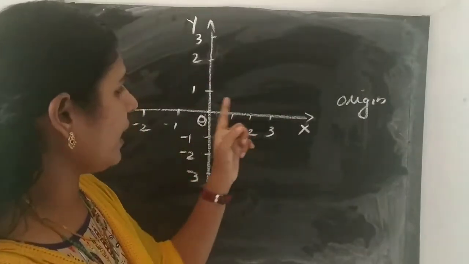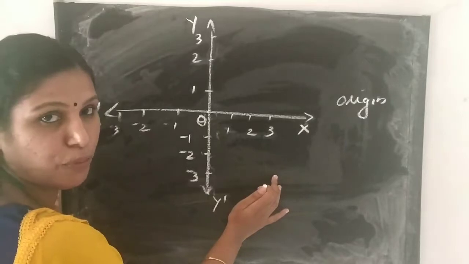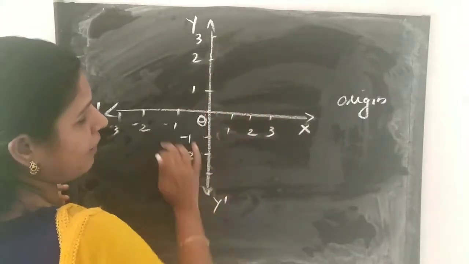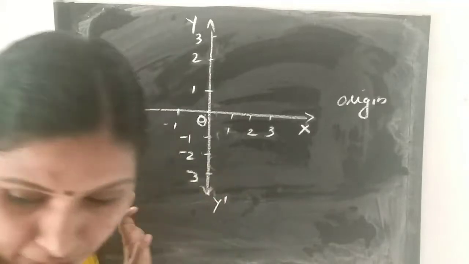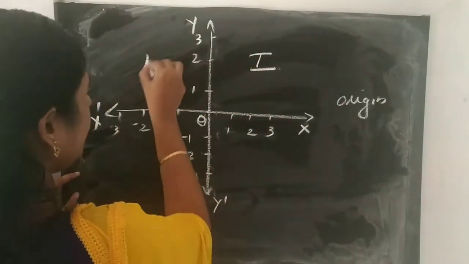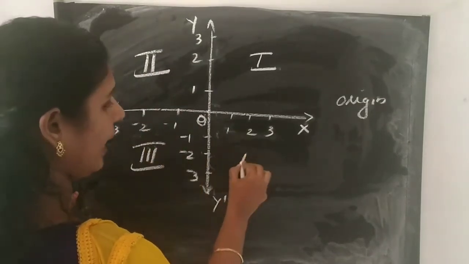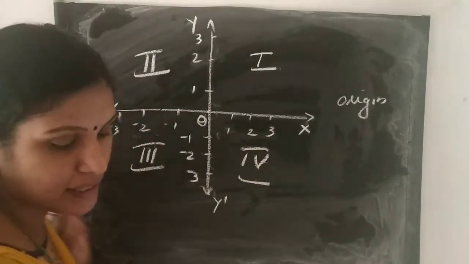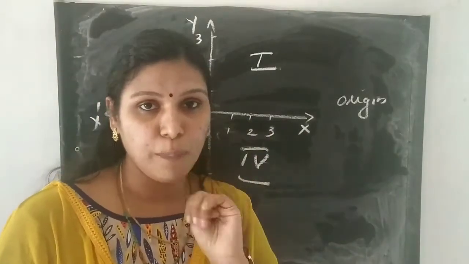You can see that there are four parts. This plane is divided into four parts. This is first, second, third, and fourth.